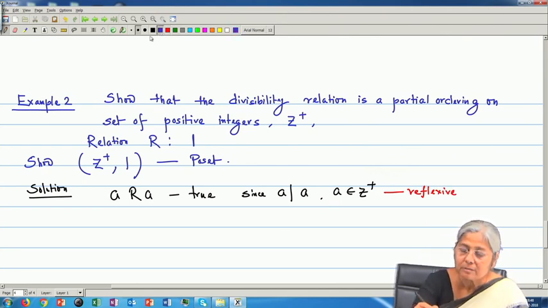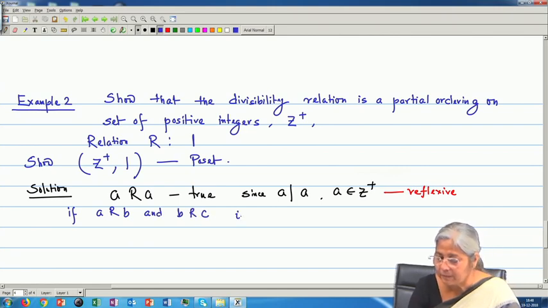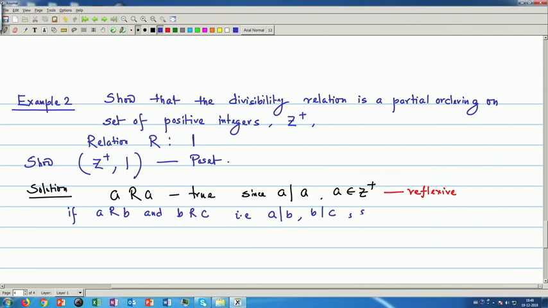It is also transitive, because if A R B and B R C, that is A divides B and B divides C, I can conclude that A divides C. So it is transitive.